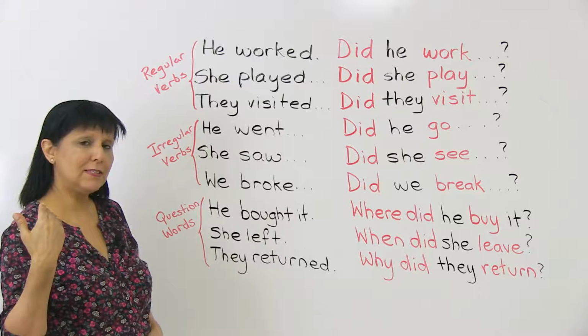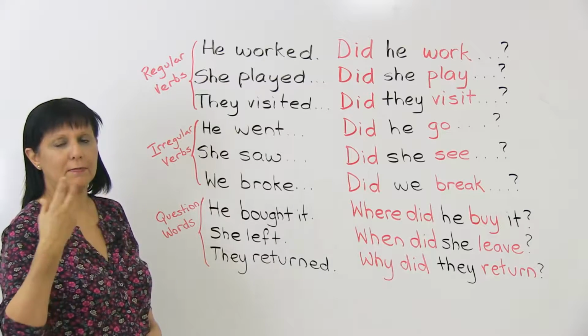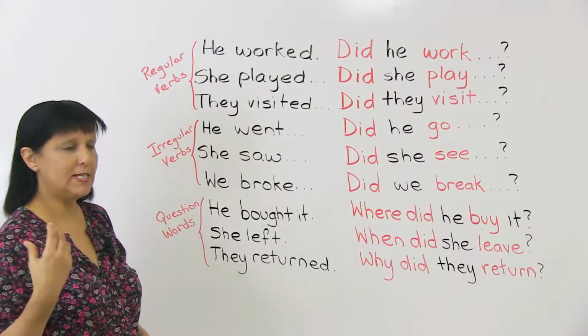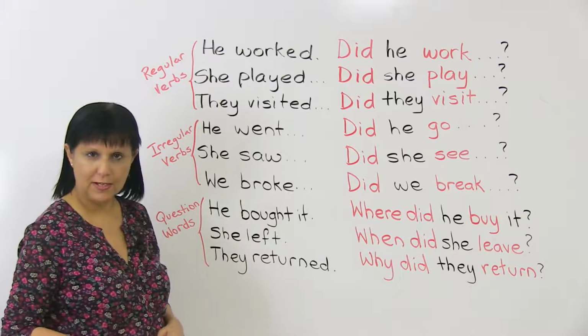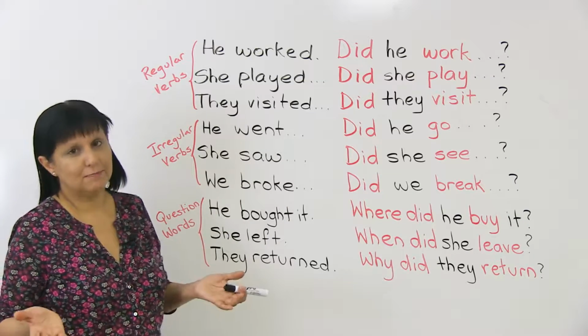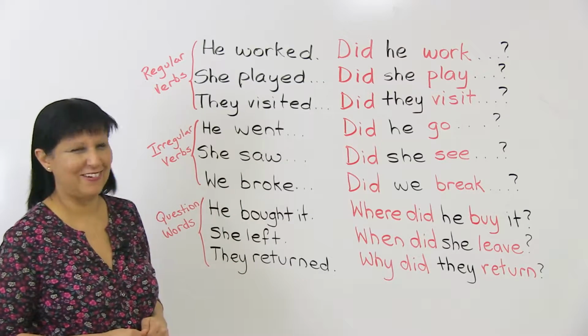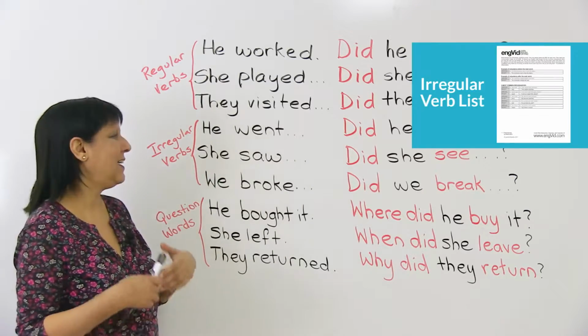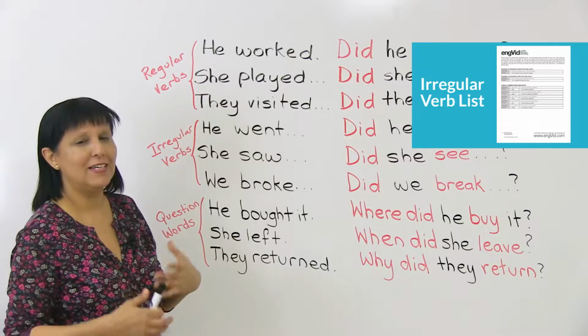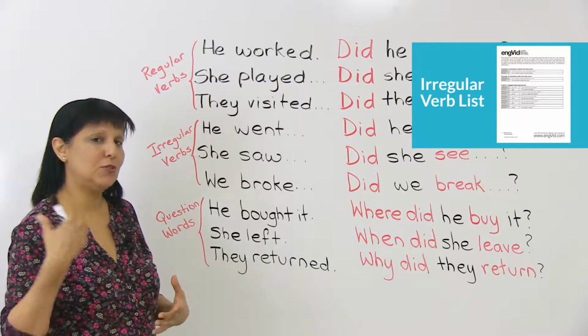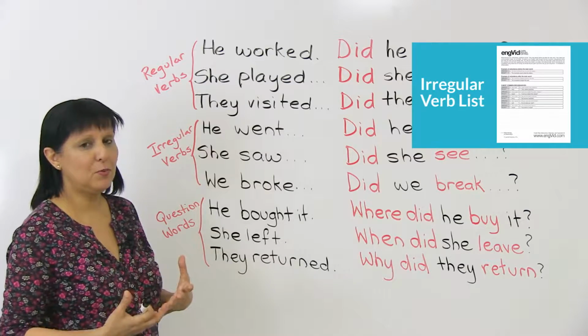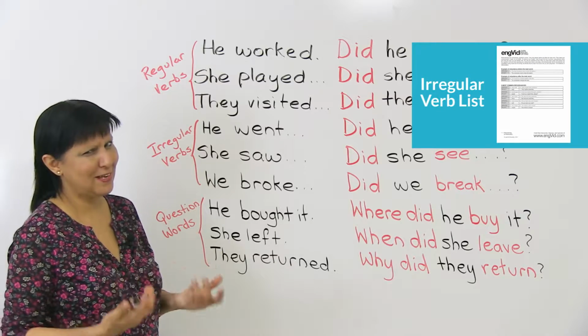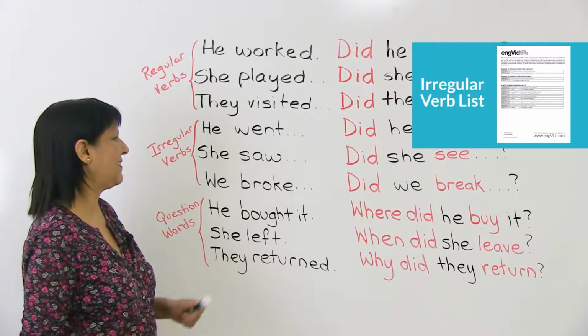But in the past, you have to know that the past tense form of go is went. All right? How do you know that? Well, you just have to learn it, okay? There's no other way. There's a list of irregular verbs, and then you have to learn them by heart. You probably know many of them because you hear them a lot, but otherwise you have to learn them. There's not much choice there, okay?